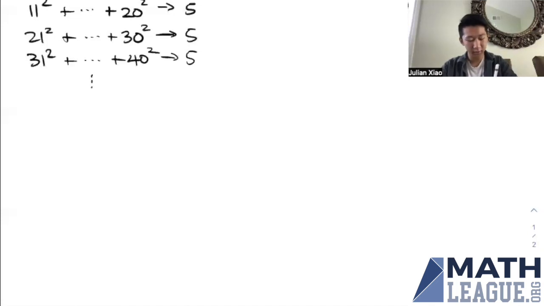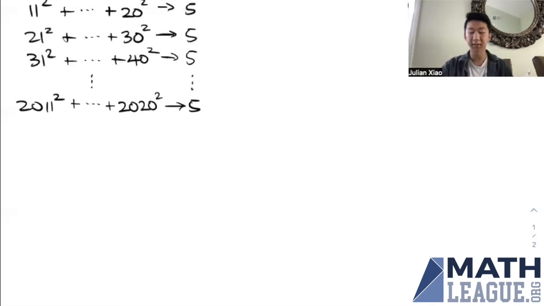So at the end, what this is going to look like is we have all of these rows of 10 perfect squares. They all have a units digit of 5 when you add them together. So the last row that I have to write is 2011 squared all the way up to 2020 squared.